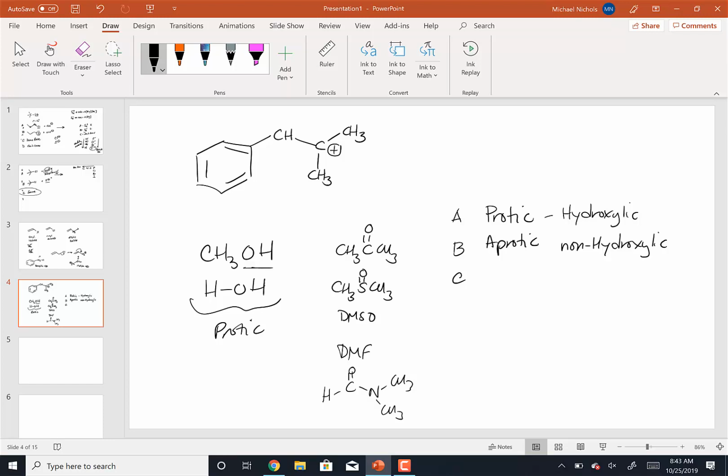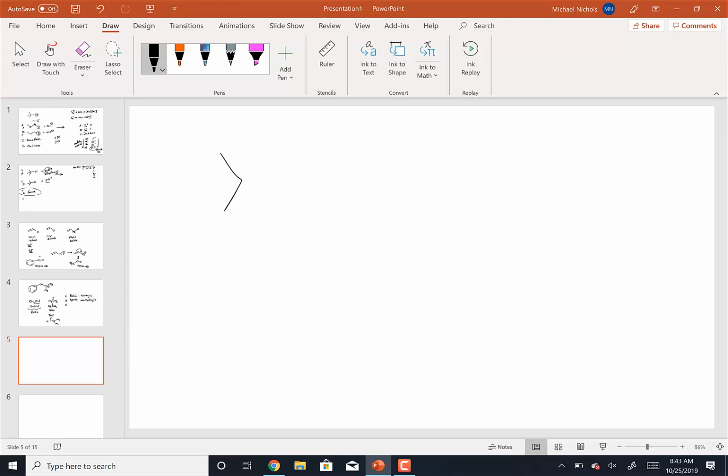And so, for instance, if I took a tertiary halide, tertiary butyl chloride plus hydroxide in acetone, or tertiary butyl chloride plus hydroxide in water, which reaction would go faster?